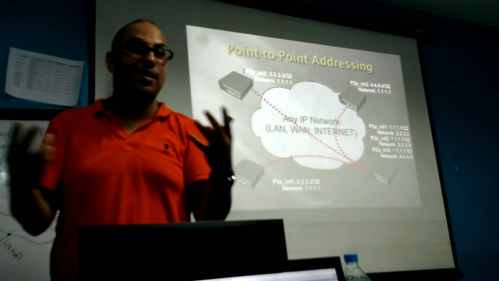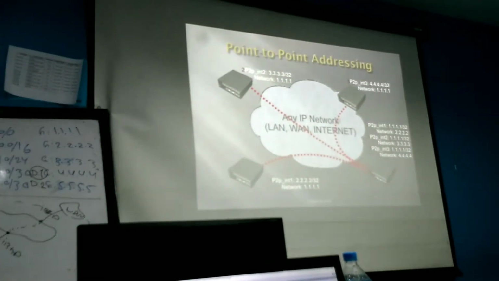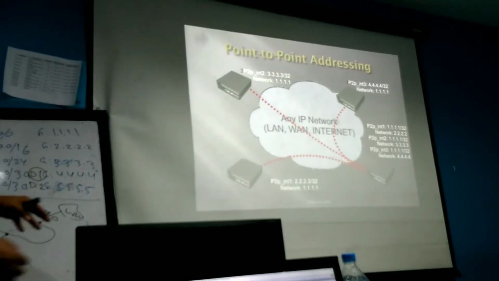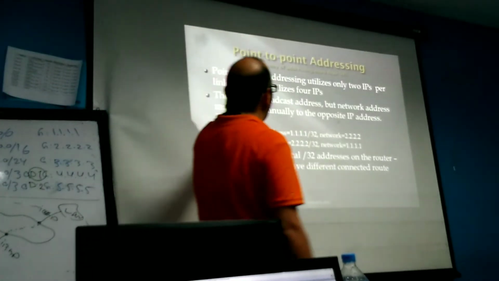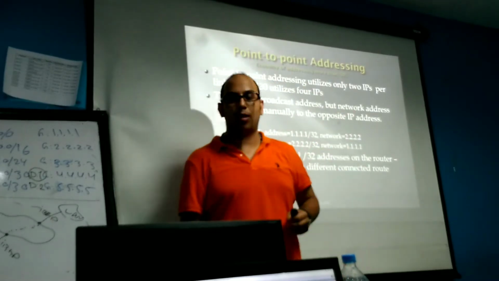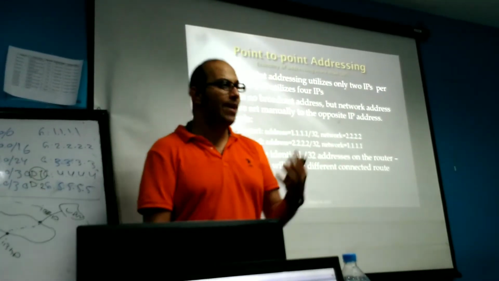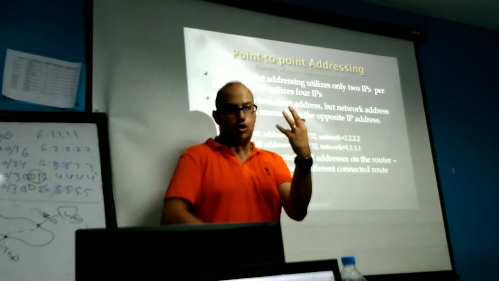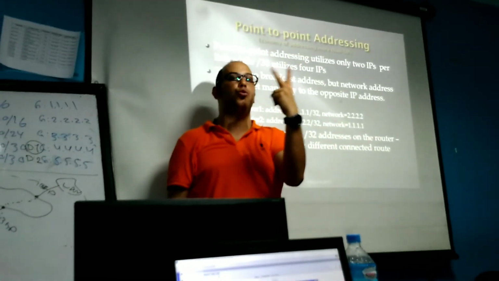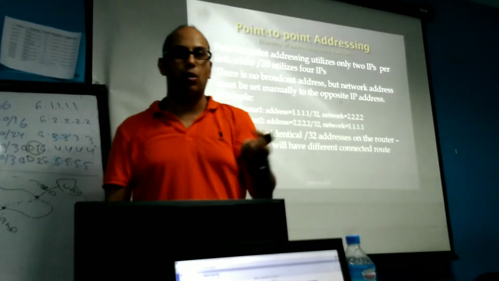Because now there is a limitation, especially for IPv4, especially public. With this concept, you can save 50% of your public addresses. Instead of wasting 4 IP addresses for 2 hosts, you use 2 IP addresses only for 2 hosts. How?